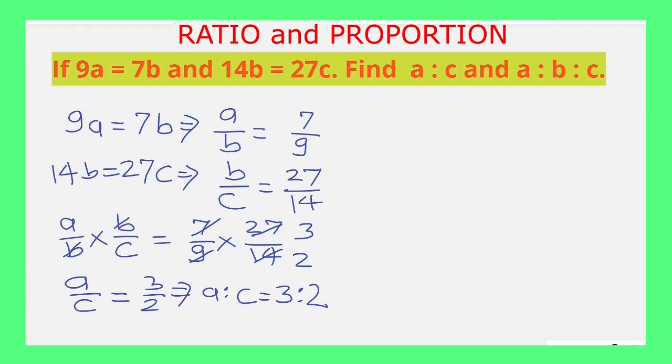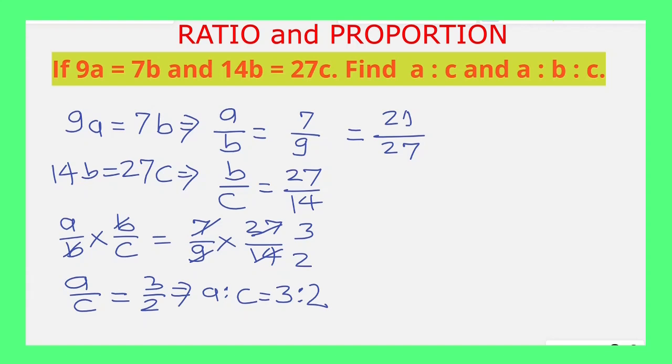Here if we multiply 3 in numerator and denominator of a upon b, then we can get a upon b equal to 21 upon 27. Now here a upon b is 21 upon 27, b upon c is 27 upon 14. So now it is easy to get a ratio b ratio c, as 27 is same in both the ratios.